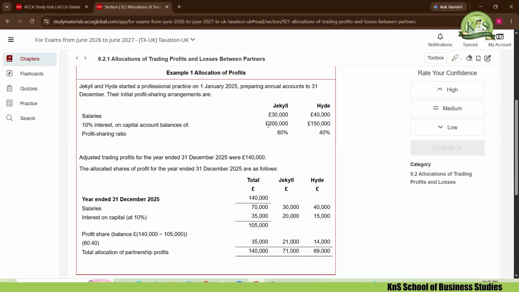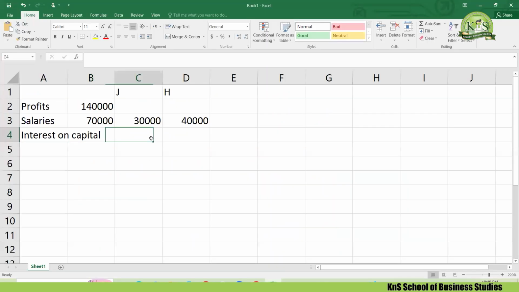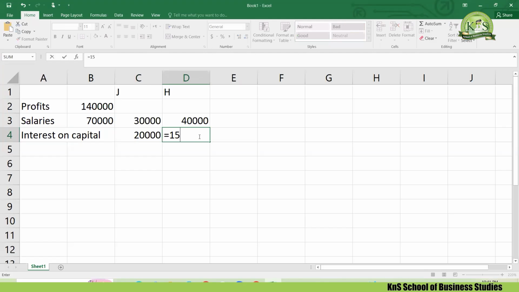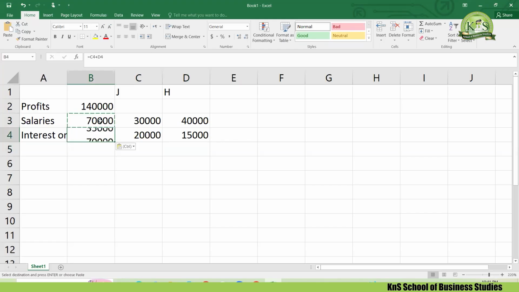Interest on capital is 200,000 at 10%, and it is 150,000 at 10%. I'll simply copy this and put it over.